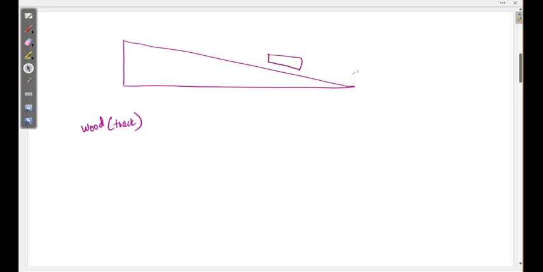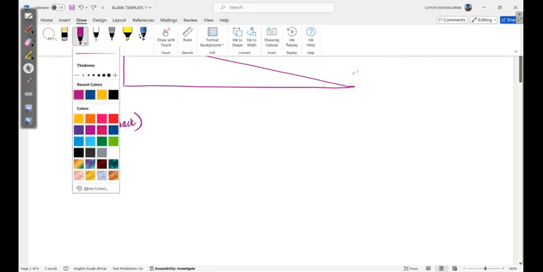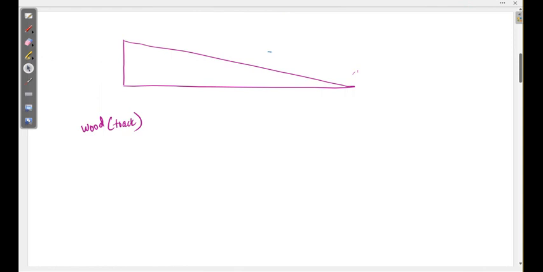So this would be your trolley here. The trolley is going to have a certain mass.